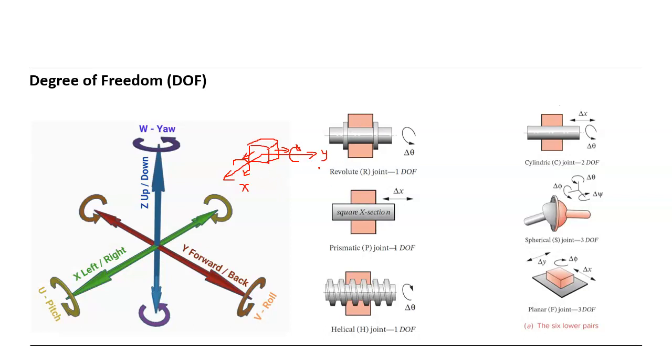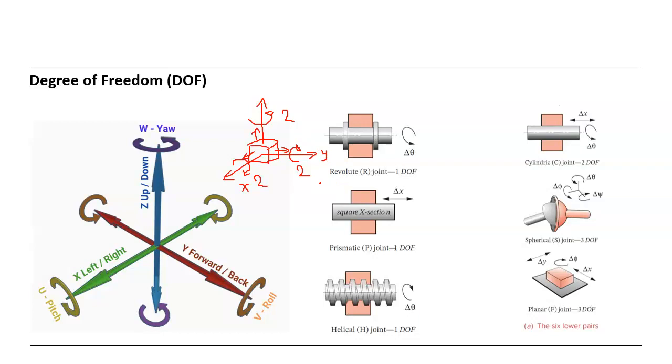So additional 2 degrees of freedom. And in z direction, again, it can move in negative or positive direction, linear motion, or it can turn, rotary motion. So we also have here 2 degrees of freedom.